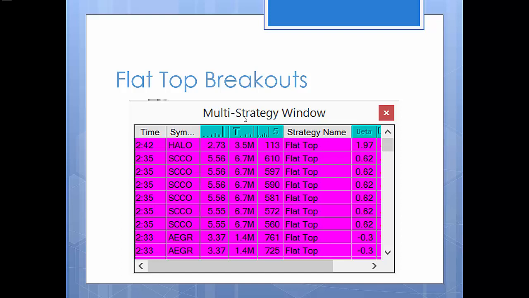Now, I don't think that that's really realistic. It's something that I've tried in the past, and that was part of my goal with spending a lot of time writing these scanners, is that I would say, look, I know flat top breakouts are a great pattern. I'm going to write a scanner that can find them, and I'll start trading the scanner on a computer. Right? I'll write it as an algorithm. It'll be a black box system, and it's just going to go trade on its own with a couple hundred shares, whatever, automated trading.